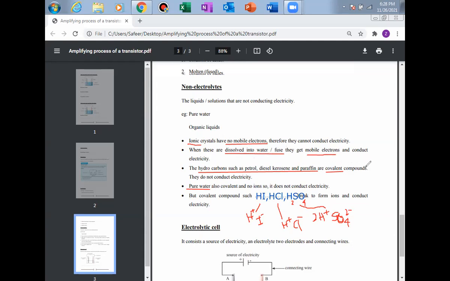Hydrocarbons won't conduct electricity, but some covalent compounds conduct electricity because of the breaking down into ions. Those examples are given here, so you have to keep this in memory.